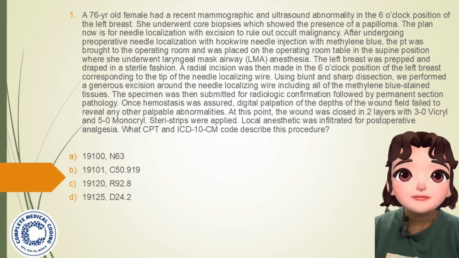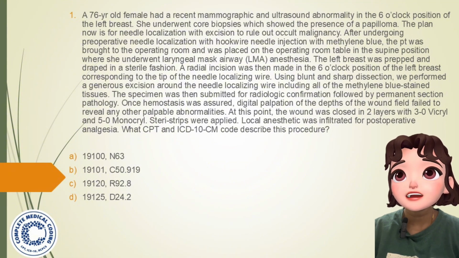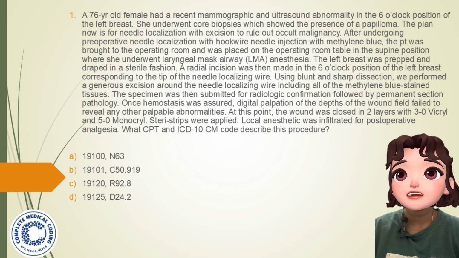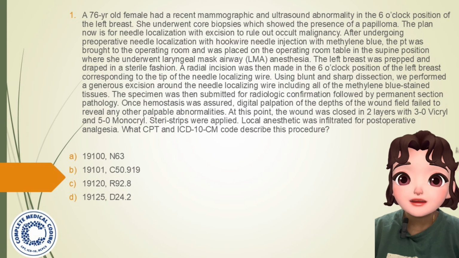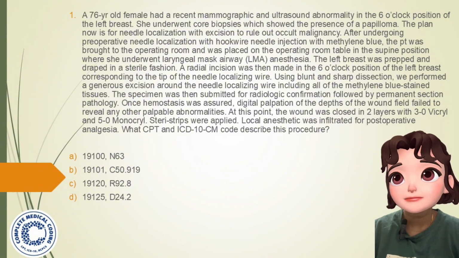First question. A 76-year-old female had a recent mammographic and ultrasound abnormality in the 6 o'clock position of the left breast. She underwent 4 biopsies which showed the presence of a papilloma. The plan now is for needle localization with excision to rule out occult malignancy.